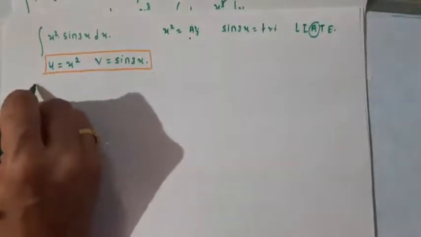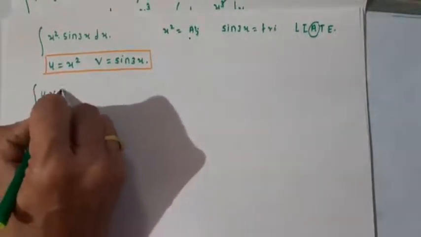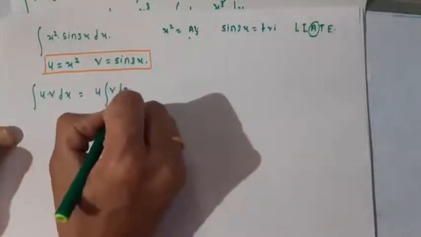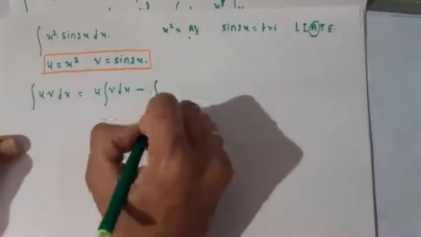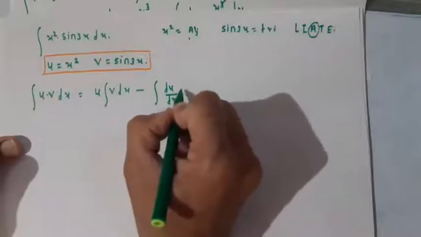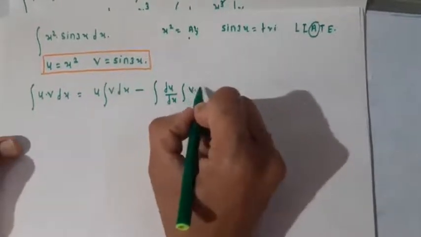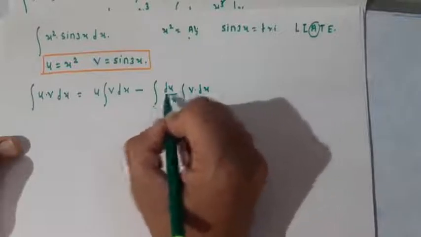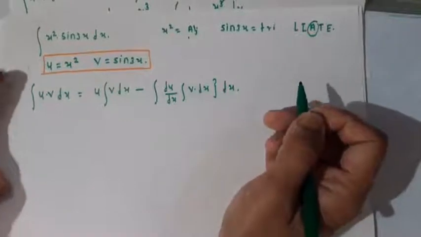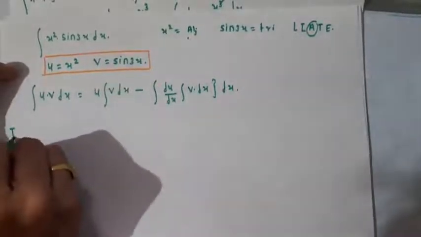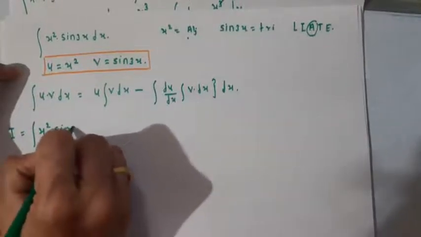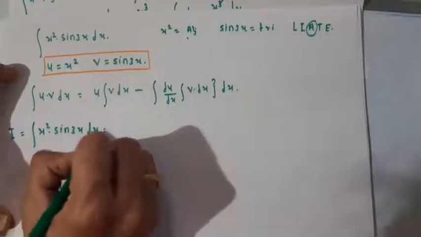what is the by parts theorem? That is, integration of u into v with respect to x equal to u integration of v with respect to x, minus integration of differentiation of u with respect to x into integration of v with respect to x, and whatever the calculation of both, again integrate with respect to x. Okay, in this way. And now suppose I is the integration of x square into sin of 3x with respect to x.